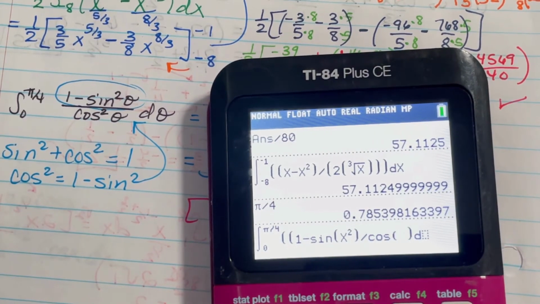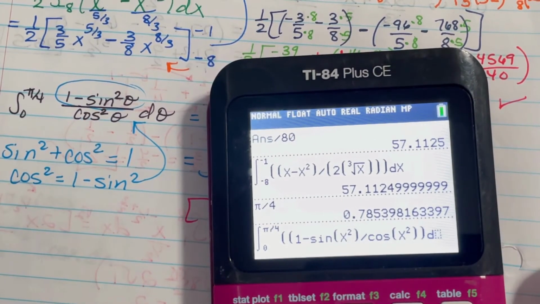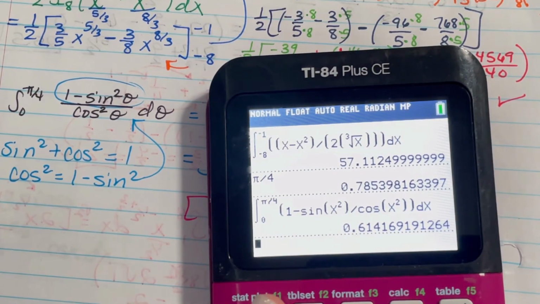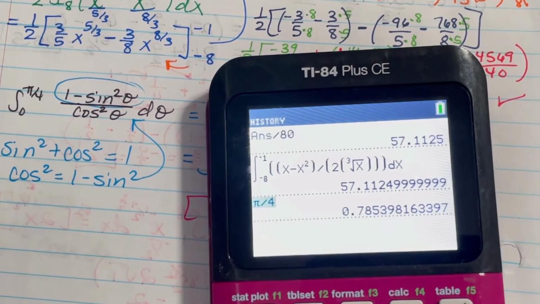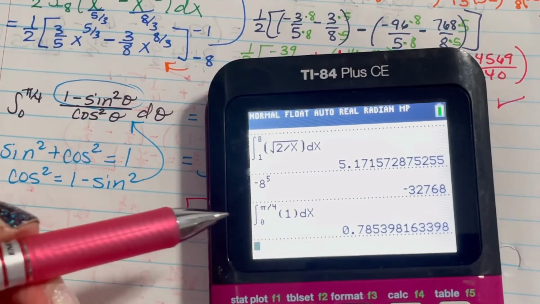So cosine of x squared. I think I typed in something wrong. Let me go back. Well, nope. I'm like, okay, what did I type in wrong?